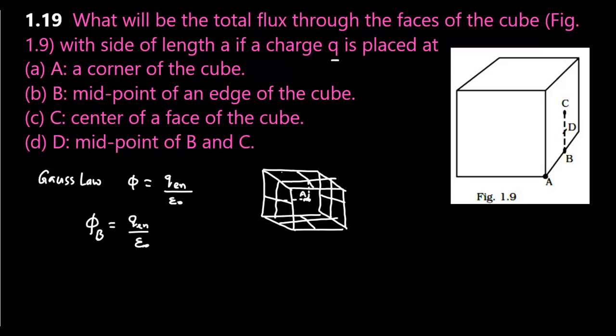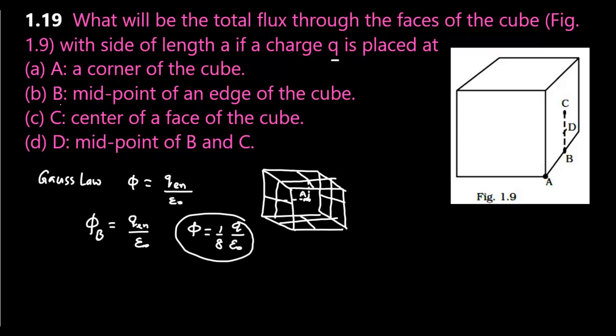Now from symmetrical considerations, this one cube is 1/8 of the whole cube, so the flux through this given cube is equal to 1/8 times the flux of the bigger cube. So the answer for part A is 1/8 into q by epsilon naught.